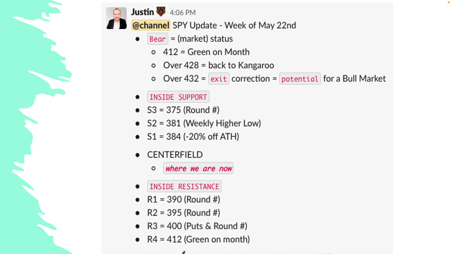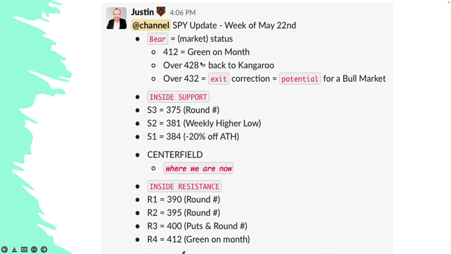To feed this through to specific levels for the S&P 500, here are my levels for the week. Please note, I'm still bearish. What does that mean? We're in a bear market. My status has been bear for at least a month, but pretty much since the beginning of the year. So we're in a bear market because of everything you've probably been noticing. We need to get back above 412 to get green on the month. So green on the month is the start.